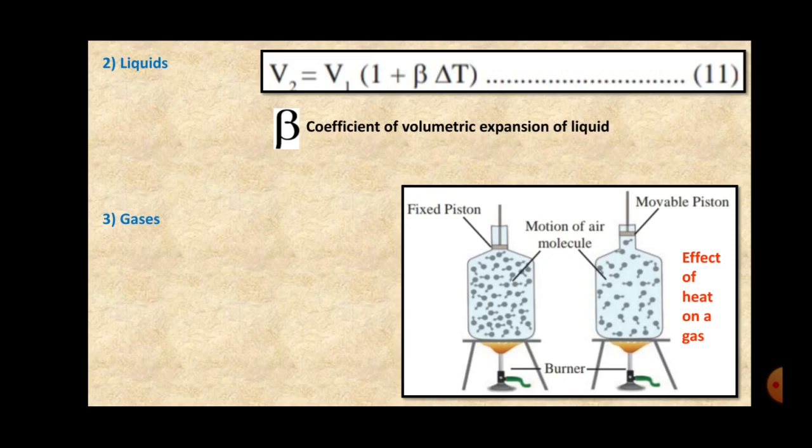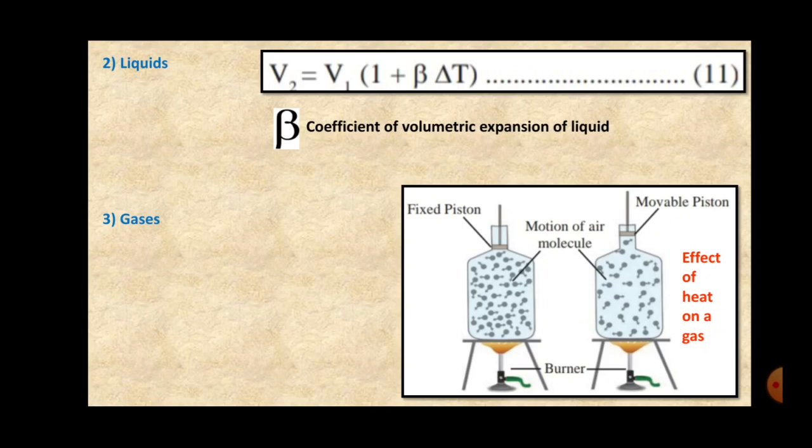Now in the first bottle, the piston is fixed, so it cannot move. So in the same given area, the pressure increases. Whereas in the second bottle, the piston is movable. So when heat is supplied and the molecules start moving with more kinetic energy, they push the piston and the pressure on these molecules becomes less, right?